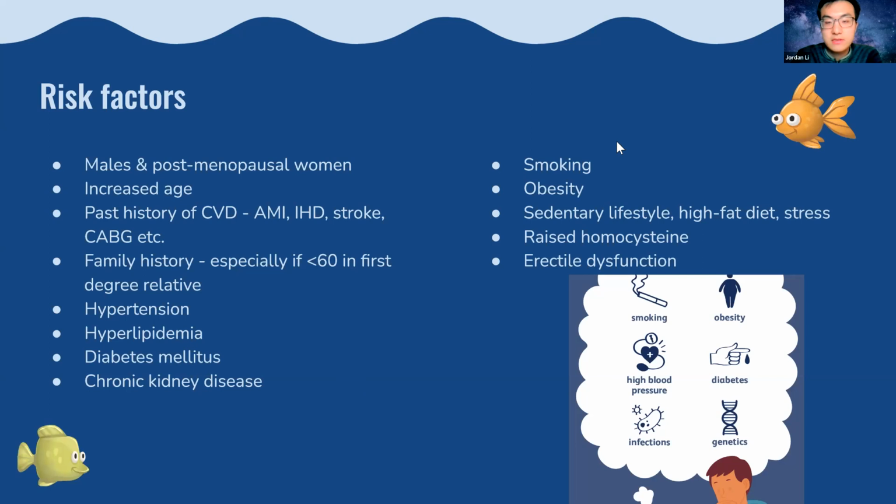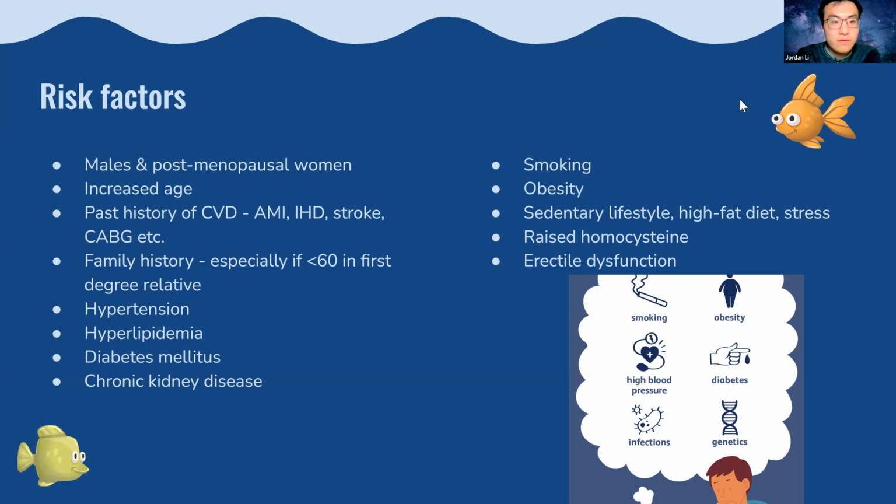Risk factors that predispose patients to cardiovascular diseases include their male gender and also postmenopausal women, increased age, past history of cardiovascular disease, so things such as heart attacks, so AMIs, acute myocardial infarction, ischemic heart disease, strokes, or coronary artery bypass grafts, which is a surgery to repair clogged up arteries in your heart.